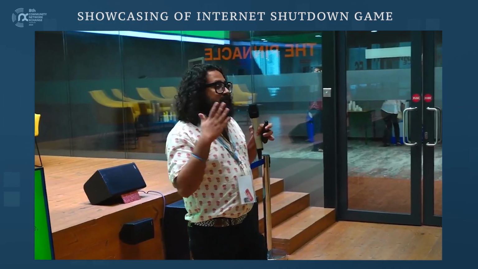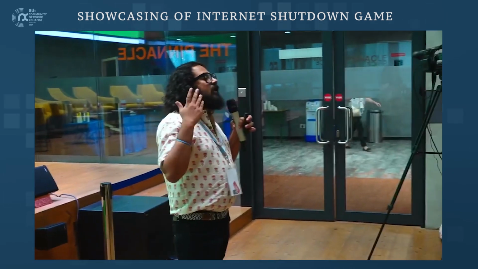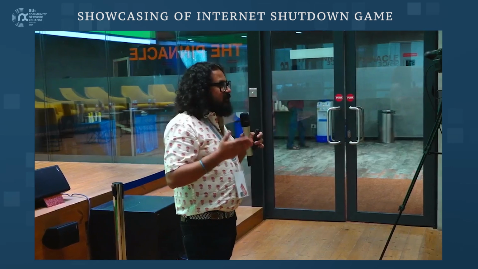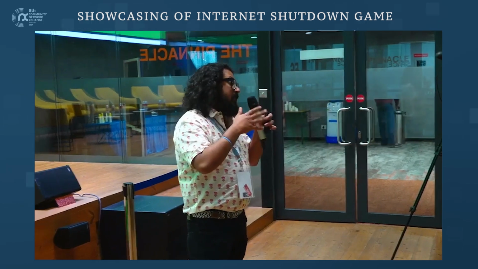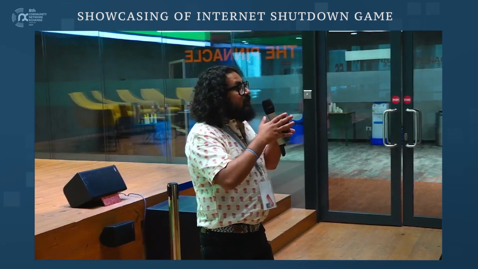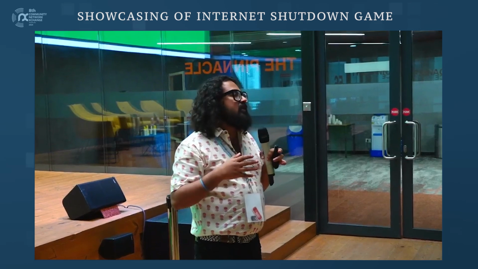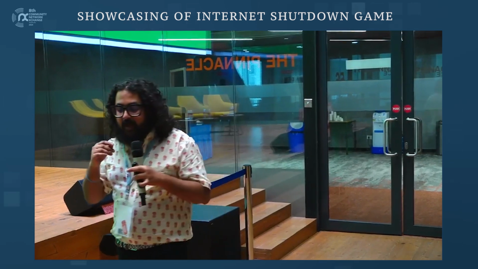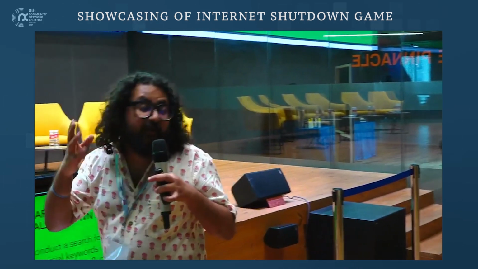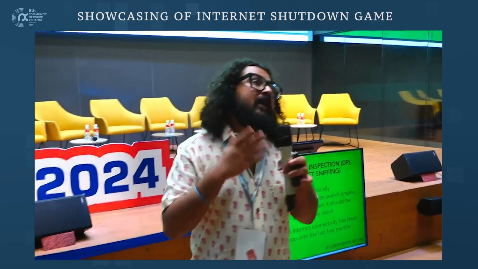DPI, because compute power has increased so much, allows states to break HTTPS, also without even breaking it, just measure the length of messages you're sending and other things, and then try to guess what it is you're saying or what kind of things you are sending. Are you sending images? Are you sending videos? Are you sending text? It's simple.